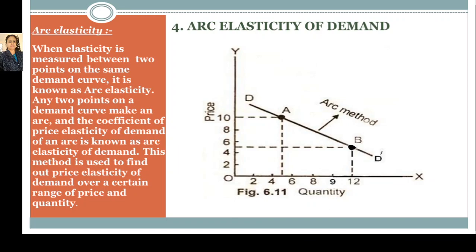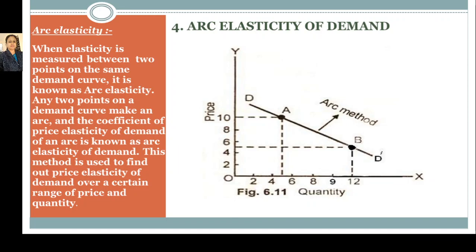So when we measure the elasticity between points A and B, the price at point A is 10 and the quantity at point A is 5. At point B, the price is 6 rupees, I think it is 5 rupees, and the quantity demanded is 12 units.